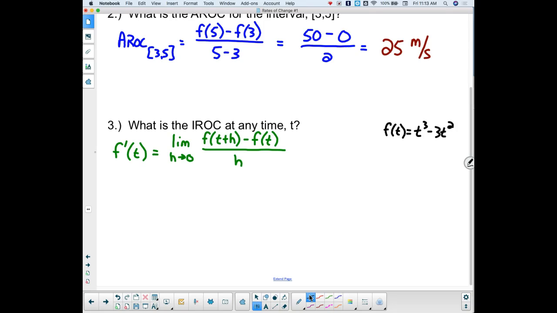It was t cubed minus 3t squared, was our function. Just so we have it.